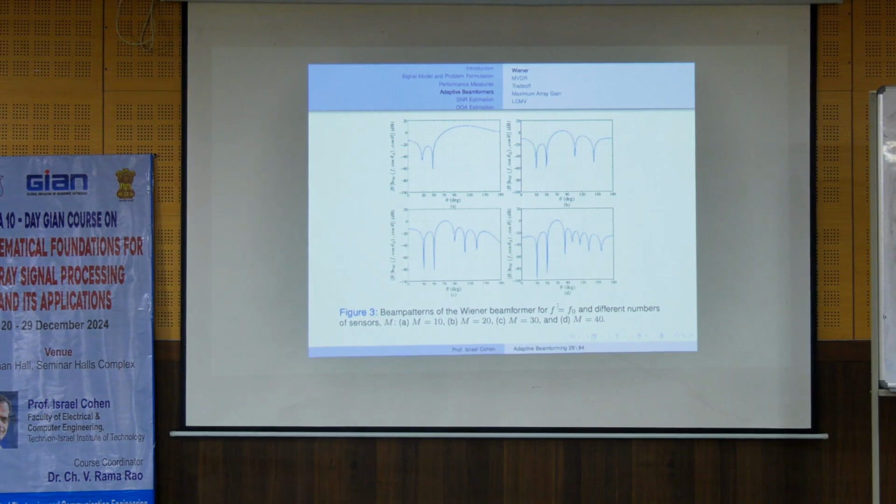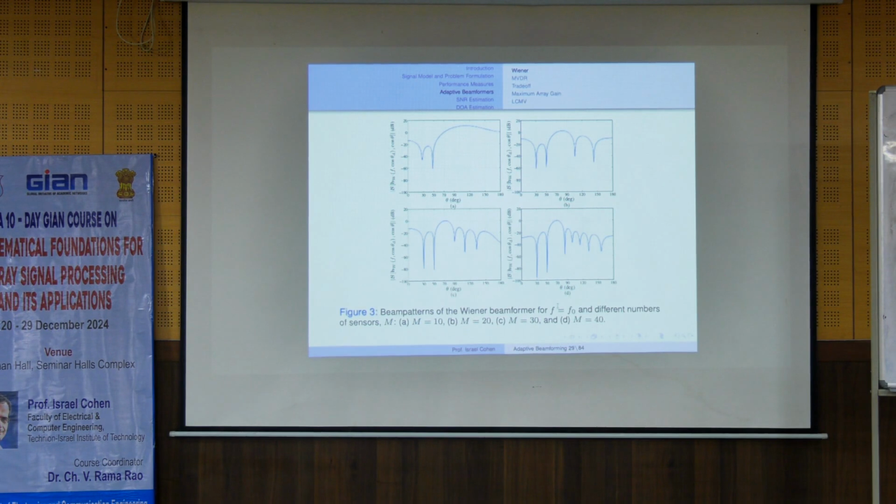We just designed, what did we design? A Wiener beamformer. A Wiener beamformer depends on the actual noise sources. So we have three noise sources: one from 30 degrees, one from 50 degrees, and one thermal noise.